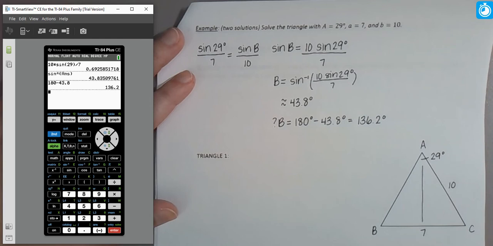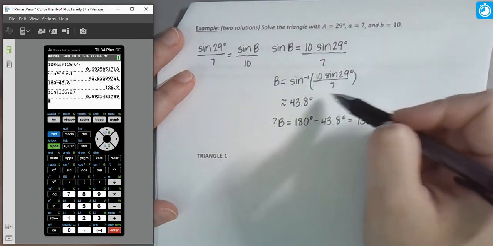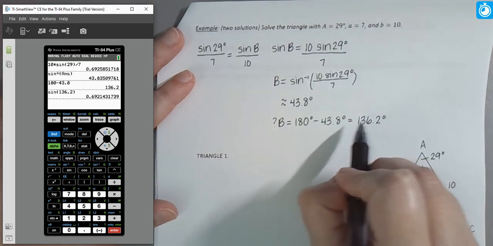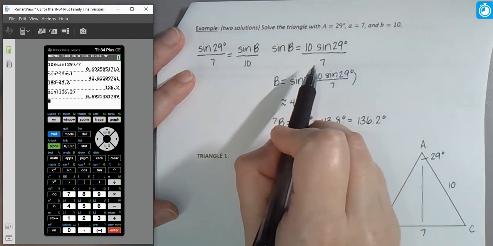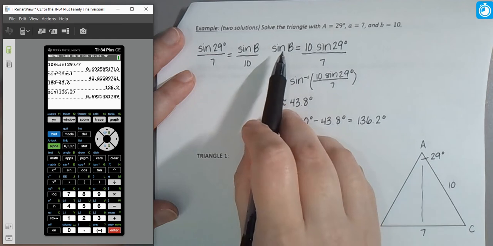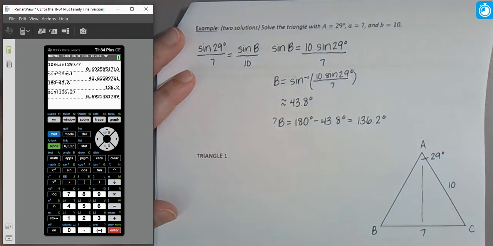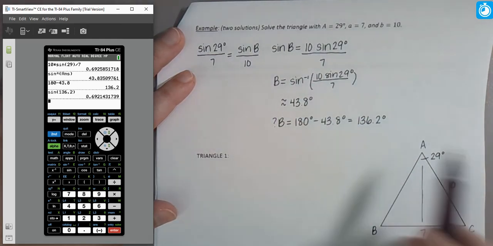If we take the sine of 136.2 degrees, we get 0.692, essentially the same value as before, which means this is also an angle that would satisfy this relationship. It has the right sine, but can it actually fit in the triangle?